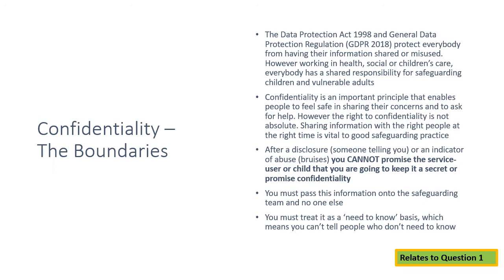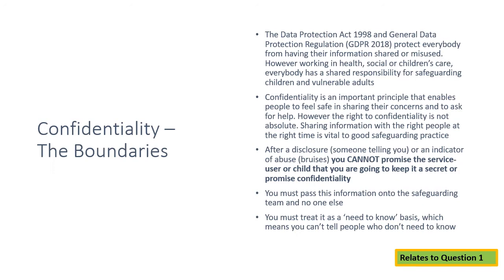This is where the GDPR and the Data Protection Act protect, because it protects everybody from having their information shared, but most importantly, misused. So you can share information if you have safeguarding concerns, but you have to share it with the right people and at the right time, for good safeguarding practice.